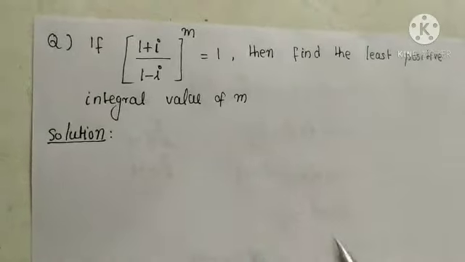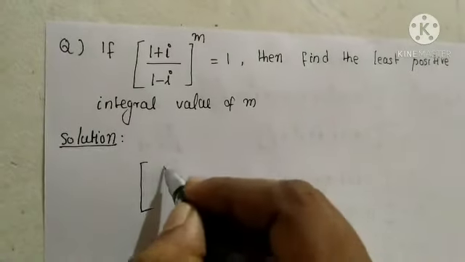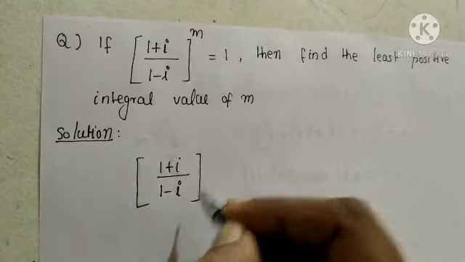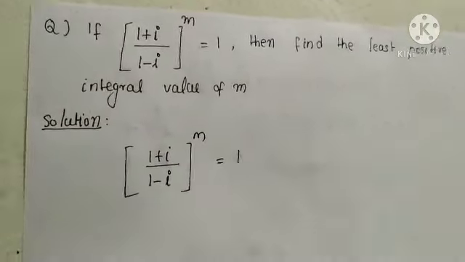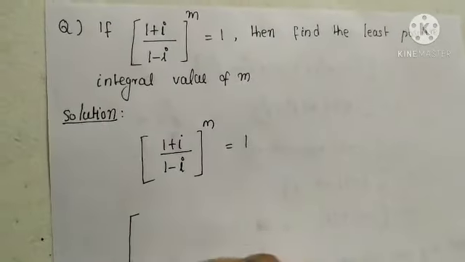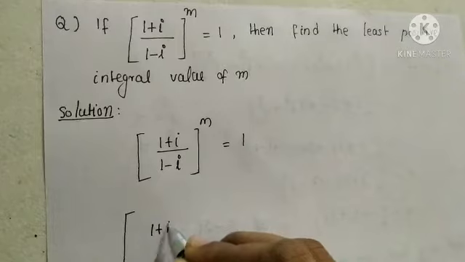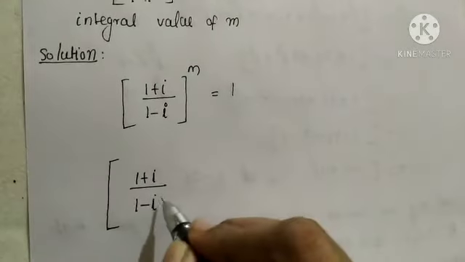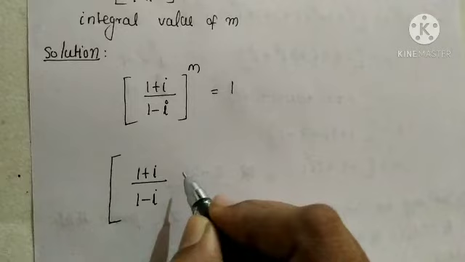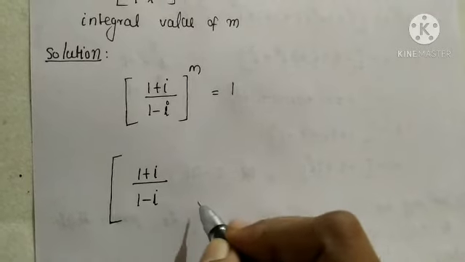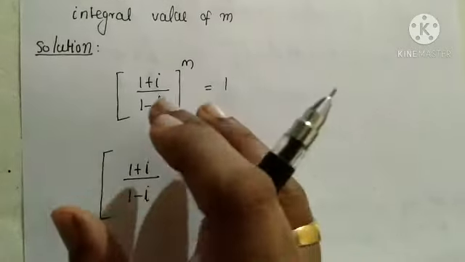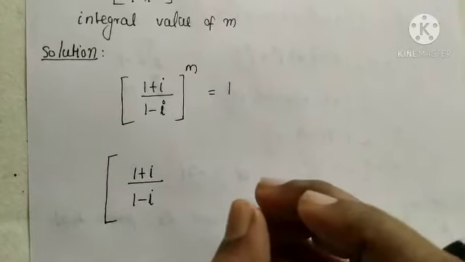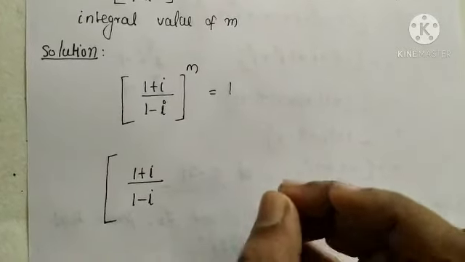Okay, so given that (1 plus i) divided by (1 minus i) whole raised to m equals 1. First of all, I'm going to take the conjugate of the denominator and multiply and divide with the conjugate, so the term inside the bracket will become a very small value.